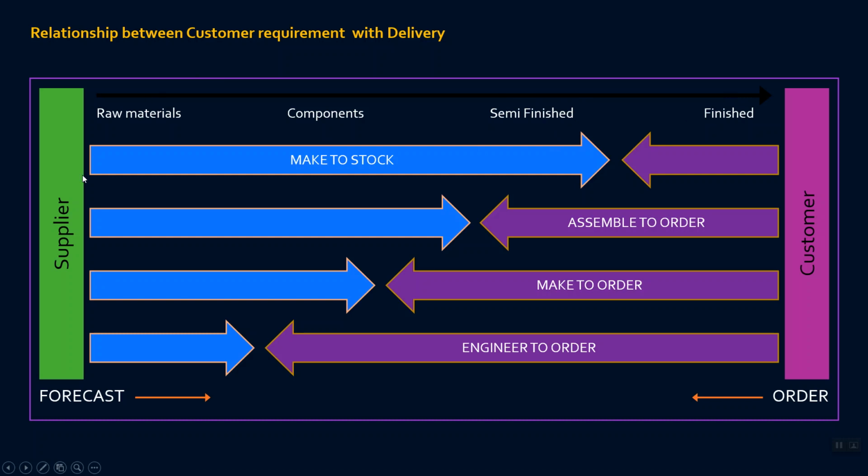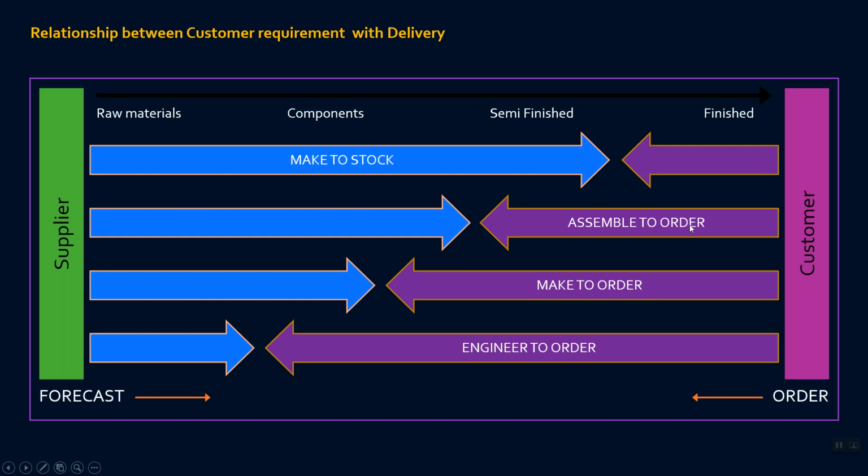If you go with a make to stock type of item, you can purchase raw material, make use of those components and assemble them into semi-finished goods, or even make finished goods which are readily available to the customer. So make to stock items will always be readily available to the customer. So the delivery time is zero, readily available.